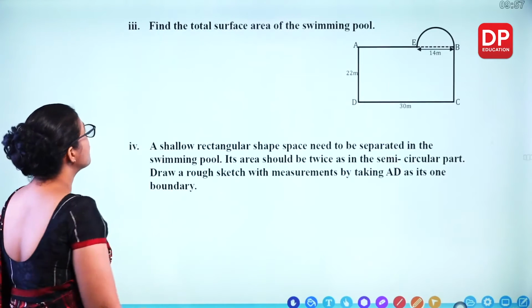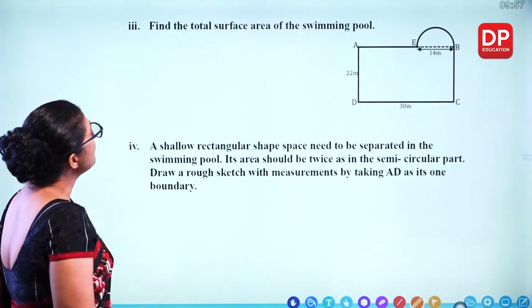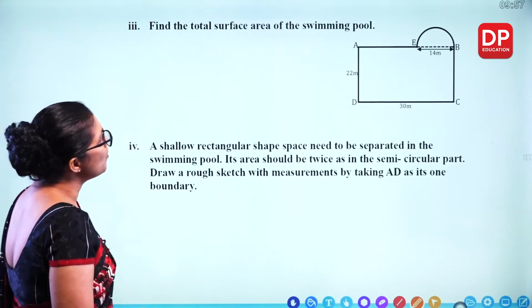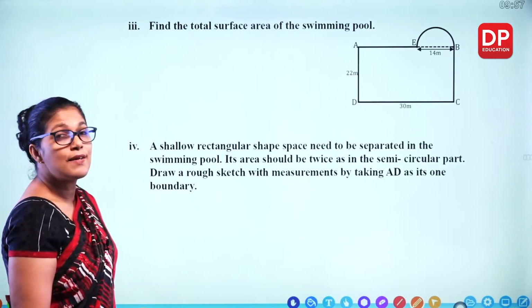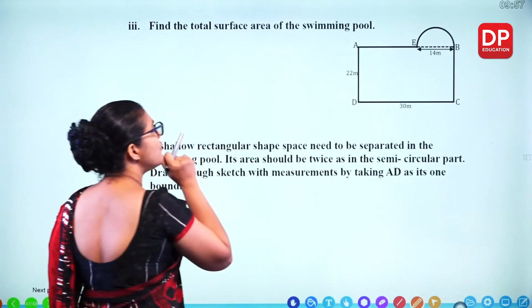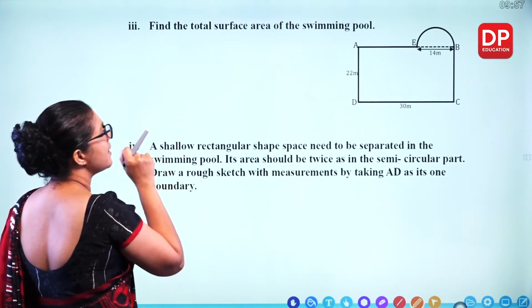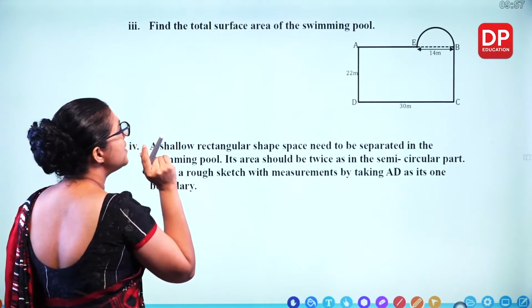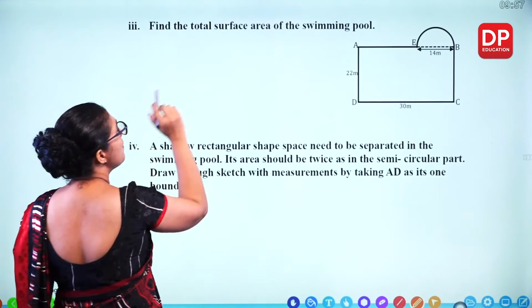Now we'll take the next one. Third part, find the total surface area of the swimming pool. So you have to find out the area of the rectangle plus the area of the semicircular part.